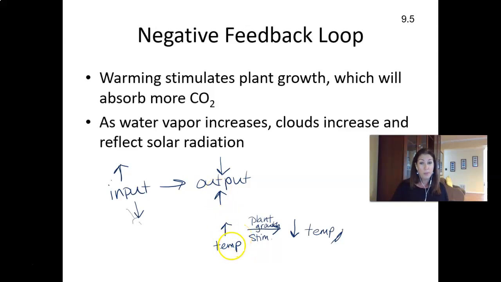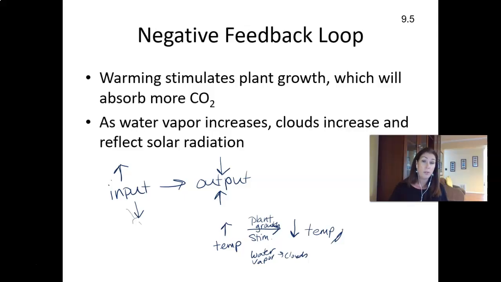Another type of feedback loop is that as your temperature increases, you have more water vapor because it's warmer, and water vapor will form clouds that block incoming solar radiation, and that leads to a decrease in temperature, and the feedback loop stops.